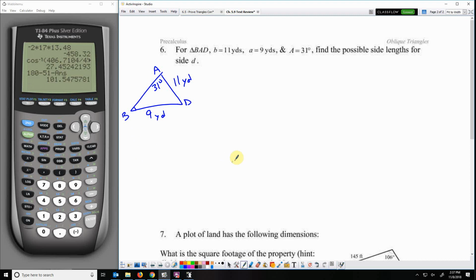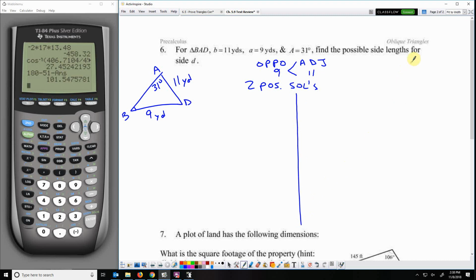Anytime I use law of sines to find an angle measure, I have to compare opposite to adjacent. Okay, in this case, opposite of this 31 degree angle is 9. The adjacent is 11. The opposite is less than the adjacent, which means there are 2 possible solutions.